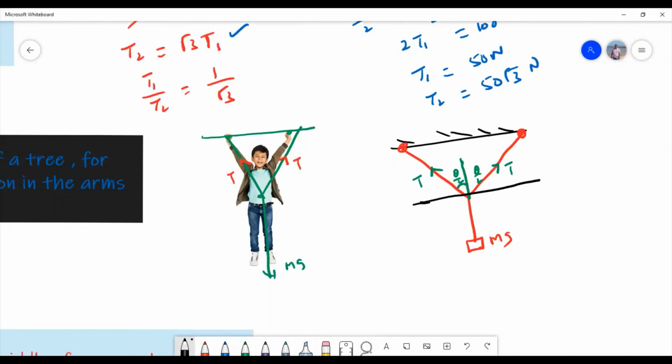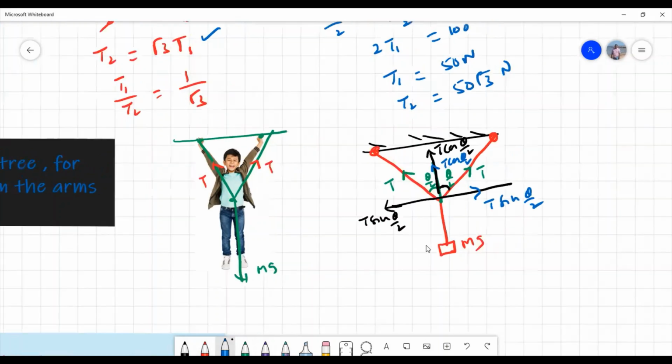This is T cos theta by 2 and this is T sin theta by 2. Similarly, this is also theta by 2, so again we resolve into components. The component of T in this direction is T cos theta by 2, and in this direction it is T sin theta by 2.